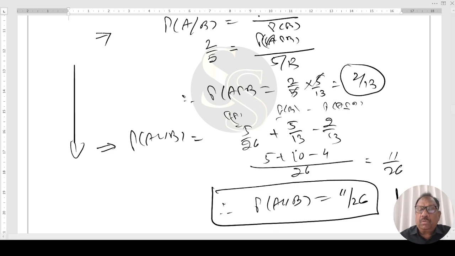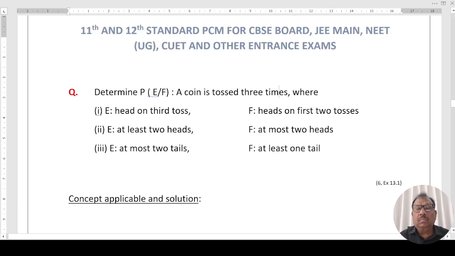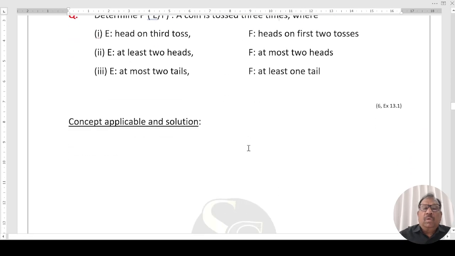Right? Now question. Question is, determine P(E|F). A coin is tossed 3 times, where E is heads on third toss and F is heads on first 2 tosses.